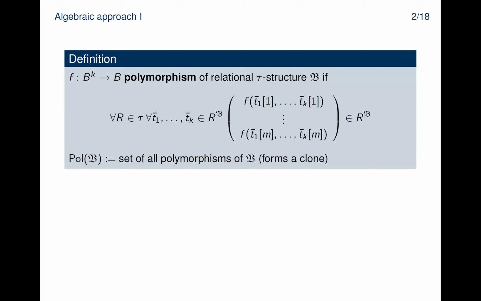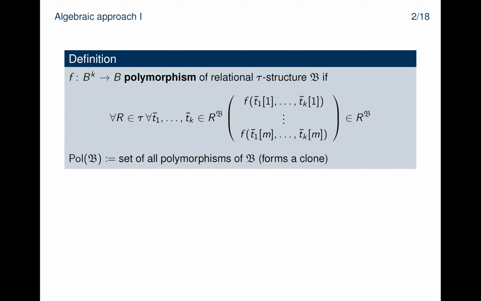If we have a relational structure B, then a polymorphism is an operation of finite arity on the base set of this structure. This operation should have the property that if we take any fixed relation of our structure, pick k tuples out of this relation, and plug them into the operation f component-wise, then the output should again be a tuple in the relation.